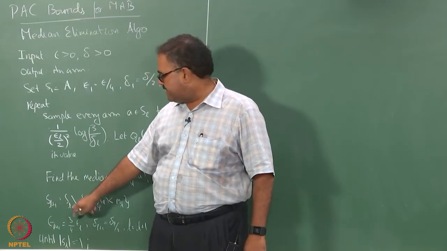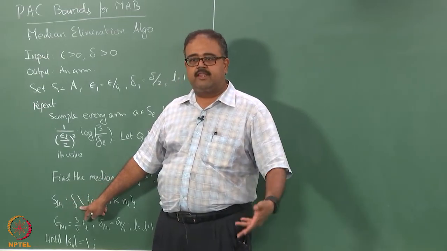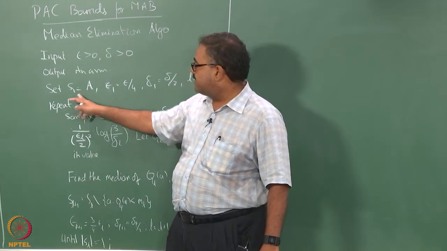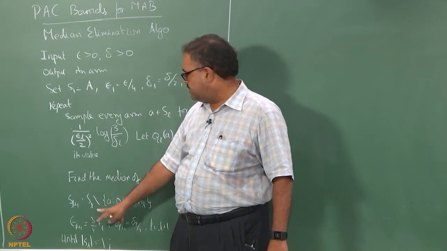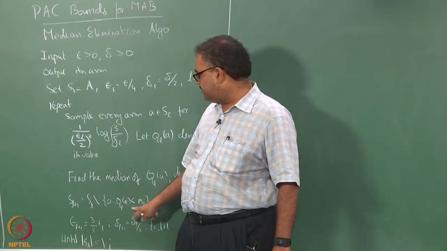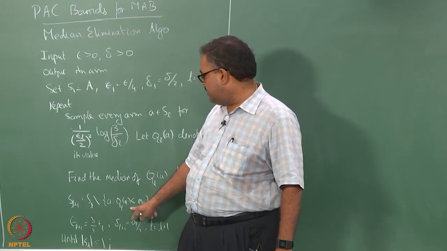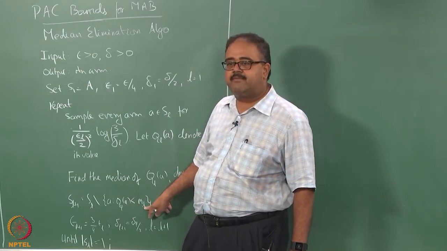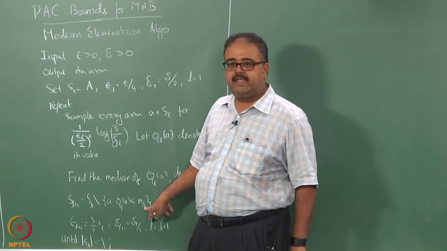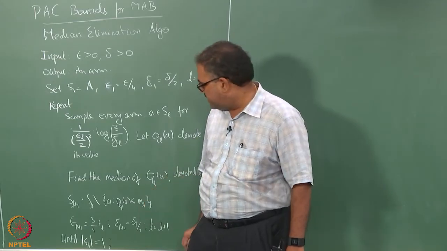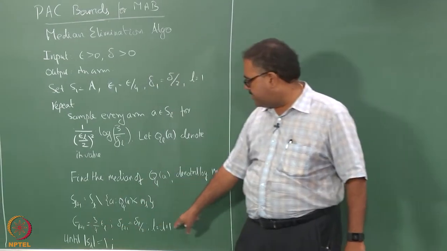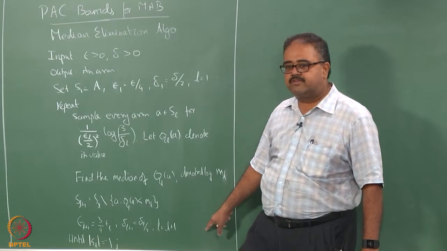So this is the set difference. I take my current set S_l, which has all the arms under consideration. S_1 will be all the arms, and then I eliminate all those arms such that Q_l(a) is less than m_l, where m_l is the median at the l-th level. Then I change my constants by magic amounts again.